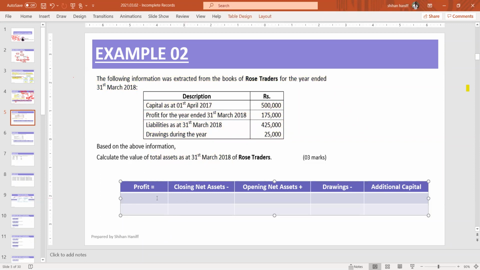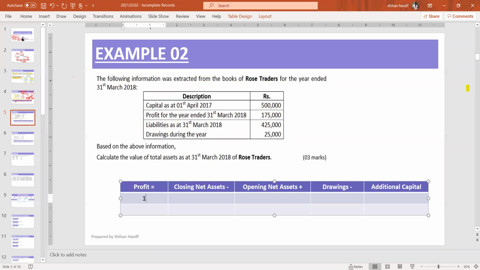Now the profit is given, 175. Profit is 175. Closing net asset is not given, but we have only the liabilities. Right. Net asset means asset minus liabilities. Liabilities are 425,000.